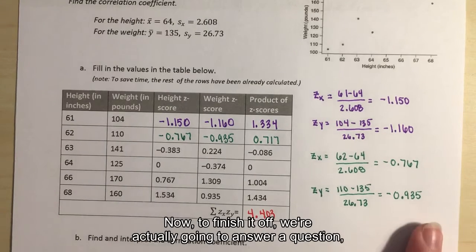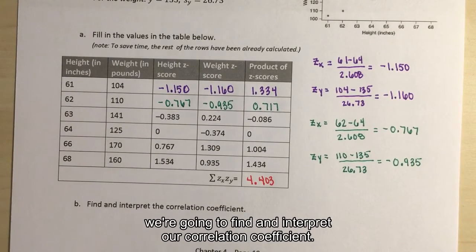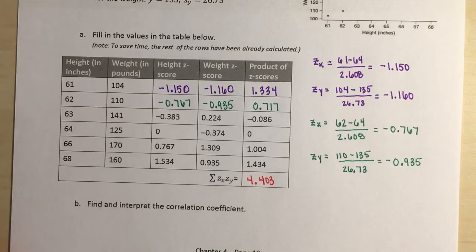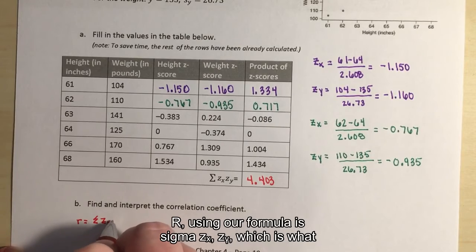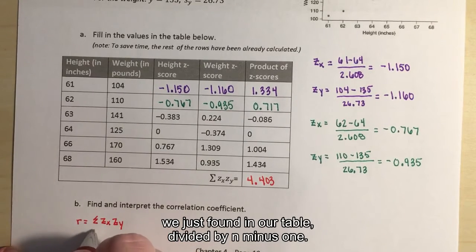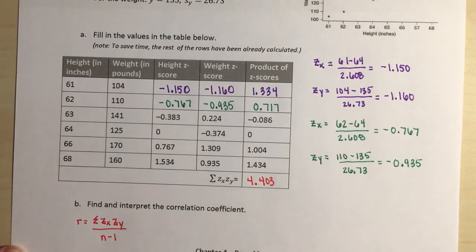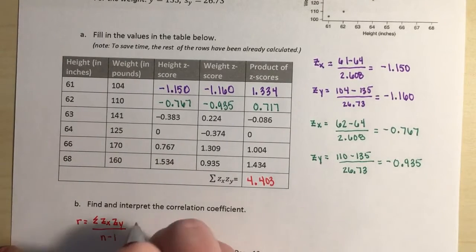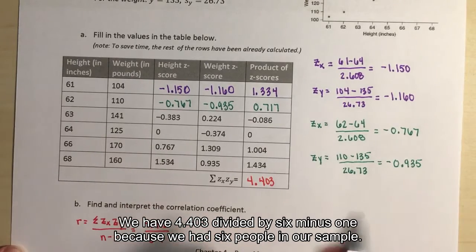All right, now to finish it off, we're actually going to answer our question. We're going to find and interpret our correlation coefficient. All right, so R, using our formula, is sigma zx zy, which is what we just found in our table, divided by n minus 1. So we have 4.403 divided by 6 minus 1, because we had 6 people in our sample.